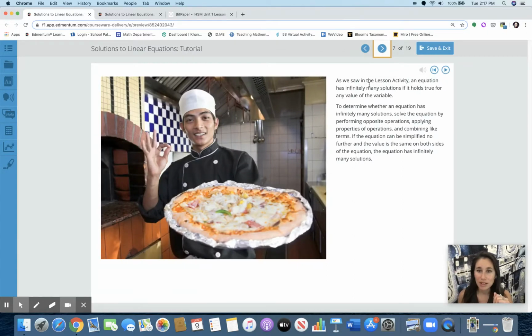Page 7. So this part I really liked how they said to determine whether an equation has infinitely many solutions, solve the equation by performing opposite operations, which you've heard time and time again from me, apply properties of operations, and combine like terms.